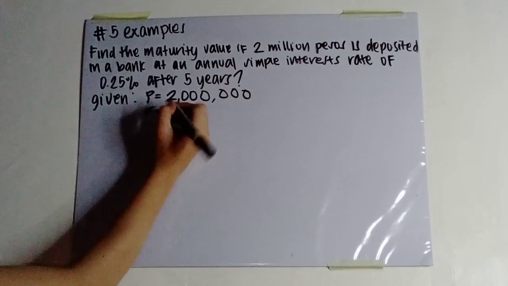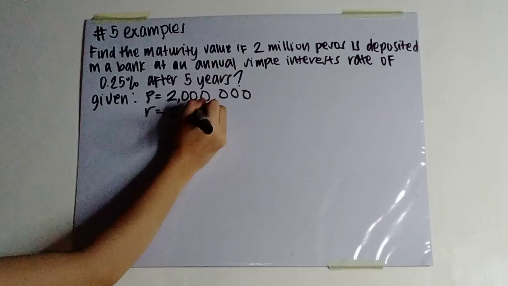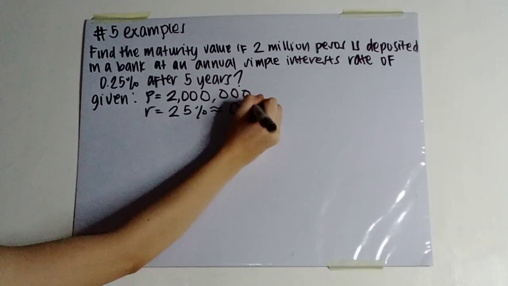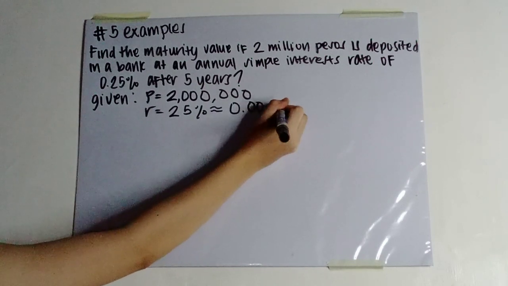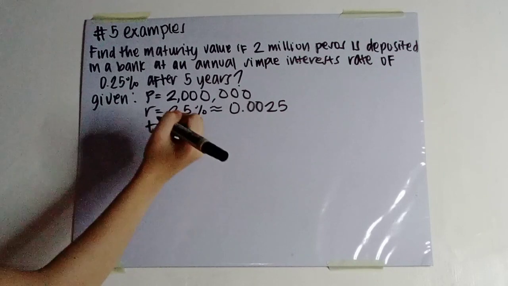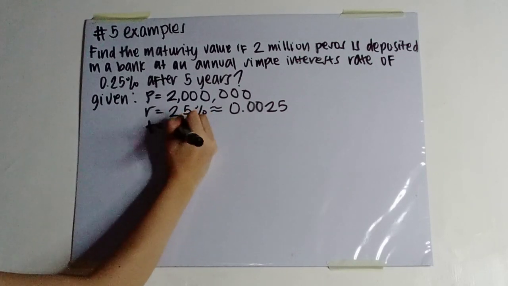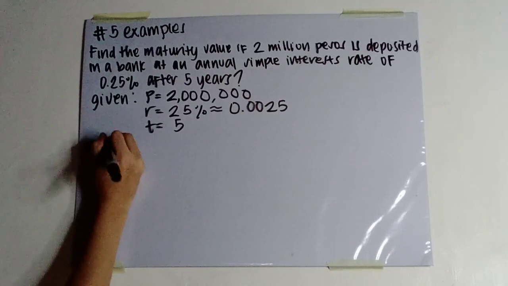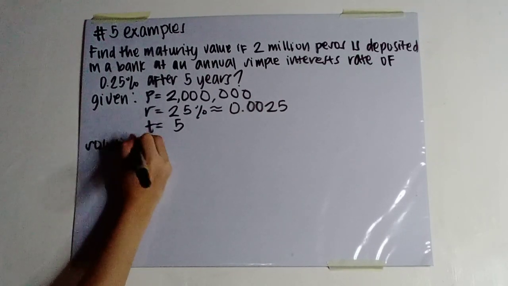The rate is 25%. Convert it into decimal, so 0.0025. And the time is 5 years. So, write the solution.